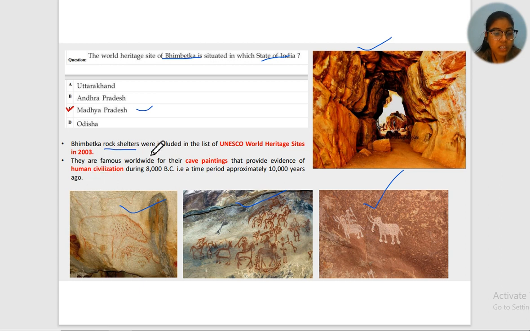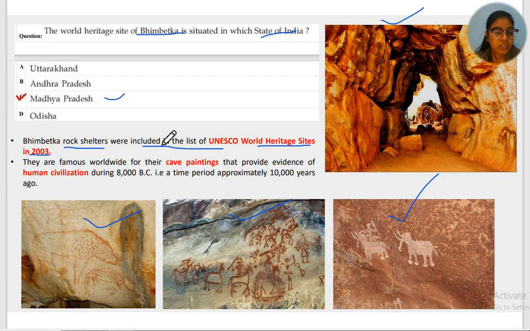Bhimbetka rock shelters were included in the list of UNESCO World Heritage Sites in the year 2003. They are famous worldwide for their cave paintings that provide evidence of human civilization during 8000 BC, a time period approximately 10,000 years ago from now. So through these paintings, they are depicting human civilization during 8000 BC.